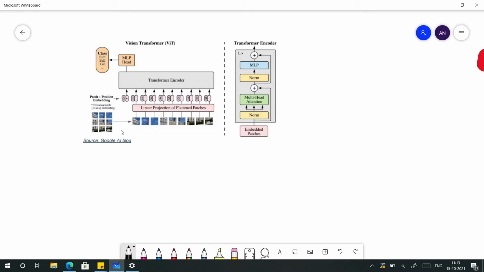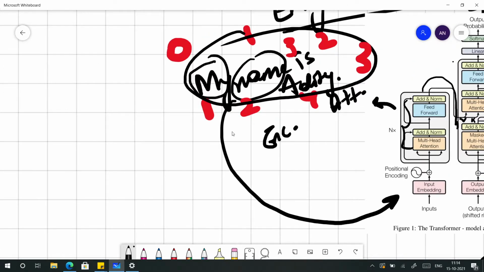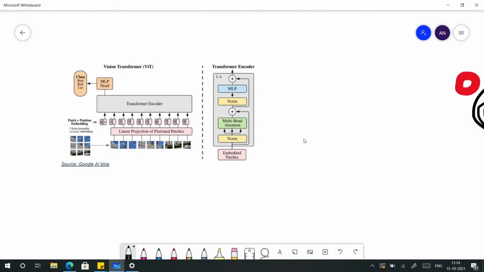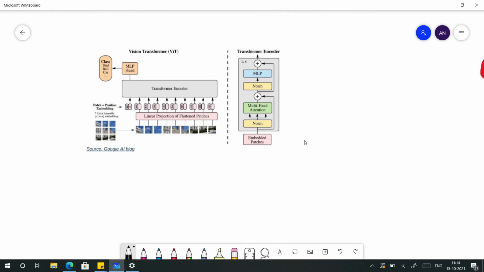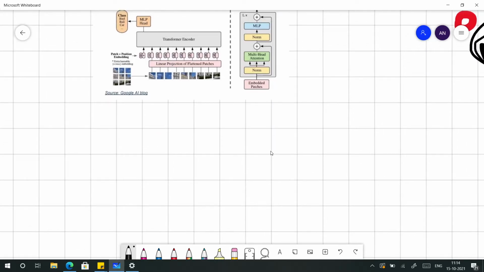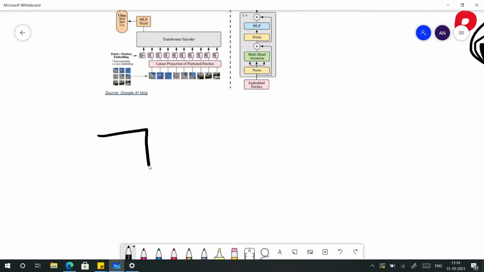It's the same architecture. They have taken only the transformer encoder from this architecture. This is a transformer encoder, and what is happening is, if there is an image like this, let's say this is a 16x16 image.